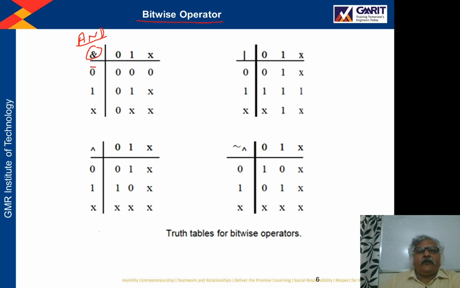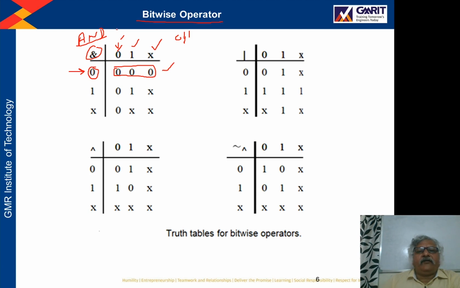If one of the operands is 0 and the other operand is 0, then for the AND operation, if any one input is 0, you will get 0. The second input is don't care, and don't care can be considered as 0 or 1. So in all the cases you will get the result 0.